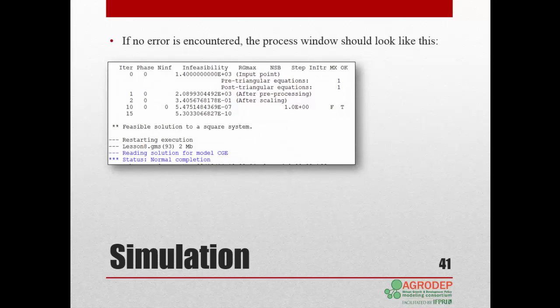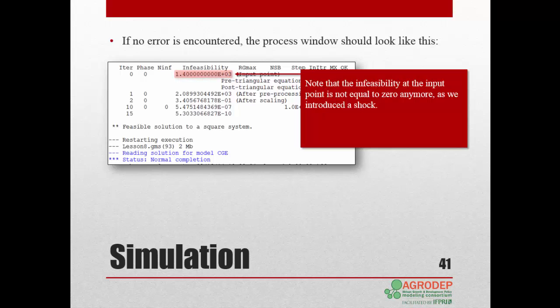If the model is error-free, the process window should look like this. Note that the infeasibility at the input point is not equal to 0 anymore. This is not surprising, since by introducing a shock, the benchmark values are not solutions to the model anymore.